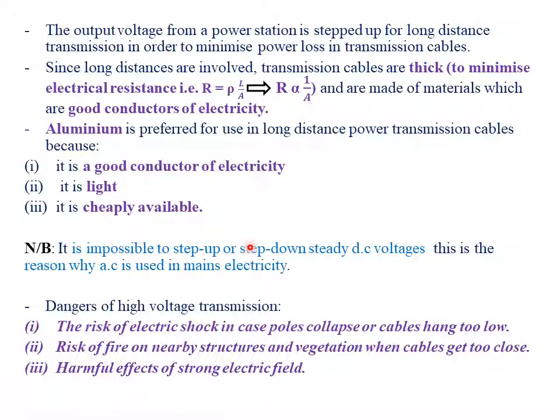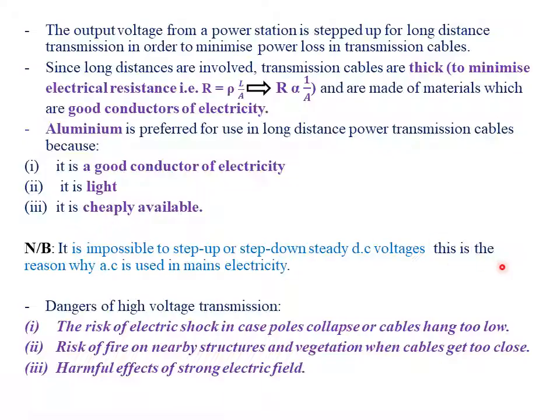So that simply means that if you use direct current voltages, you won't be able to step up the voltage, so you are going to experience high loss of energy on the way, from the power station to the local substations.